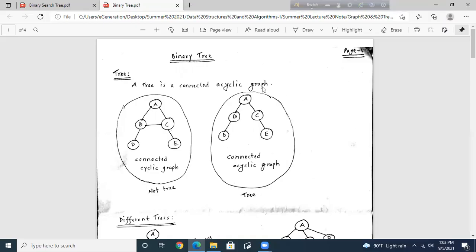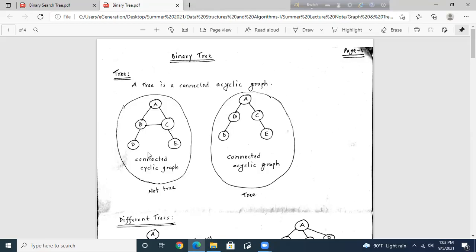The graph should be acyclic. That means there should be no cycle. So here A, B, C, D, E. This is a graph.